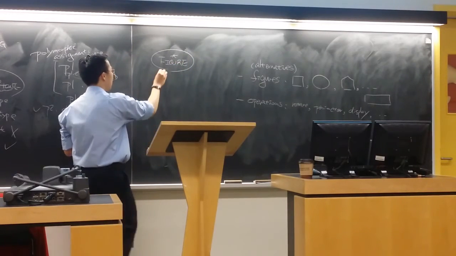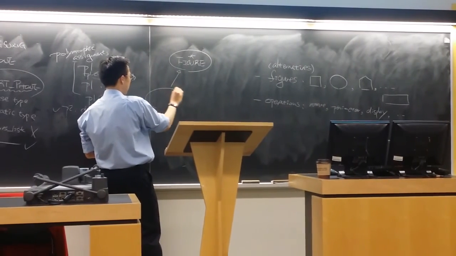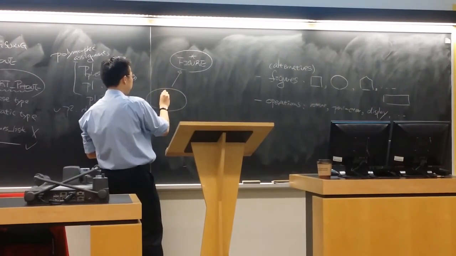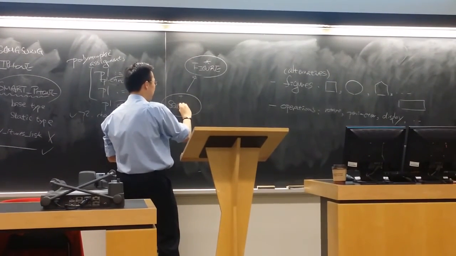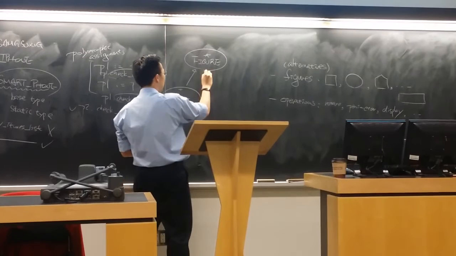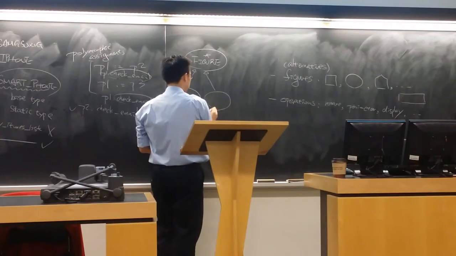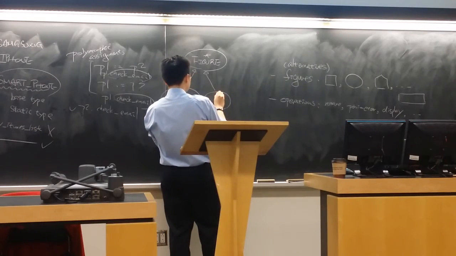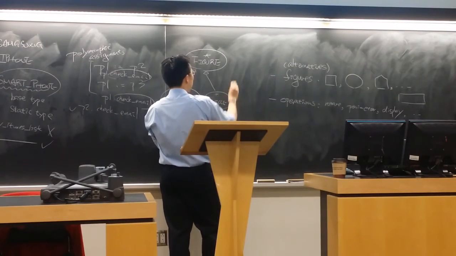Okay, figure here, and then let's say we simply have a class called square. Then we take two existing classes, let's say square and also we have the circle, for example.